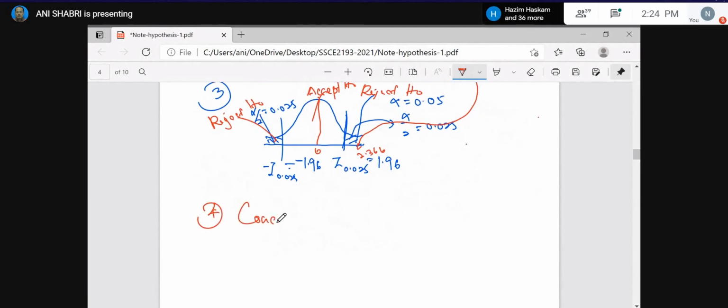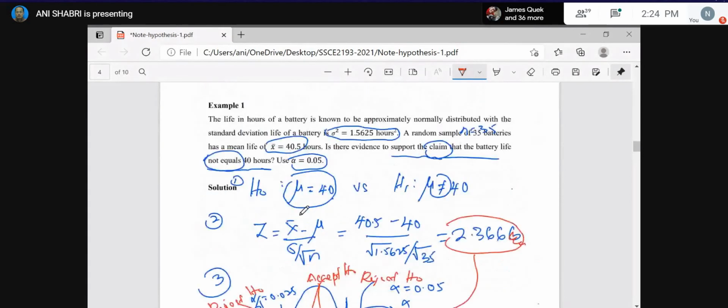Okay, step 4, the conclusion. We reject H0. H0 is mu equals 40. We reject here, which means we accept H1.